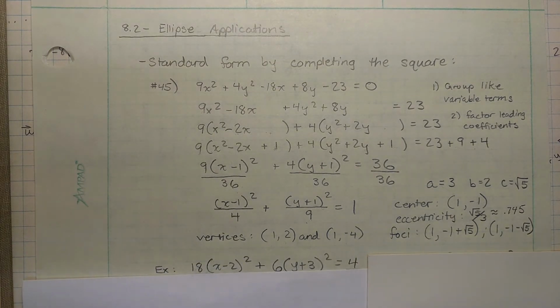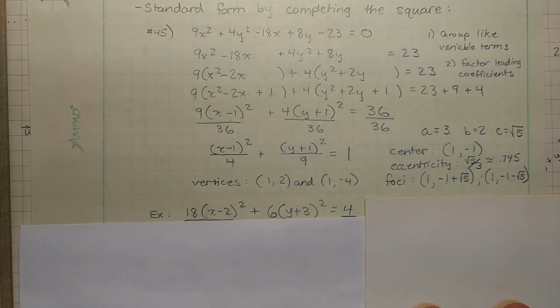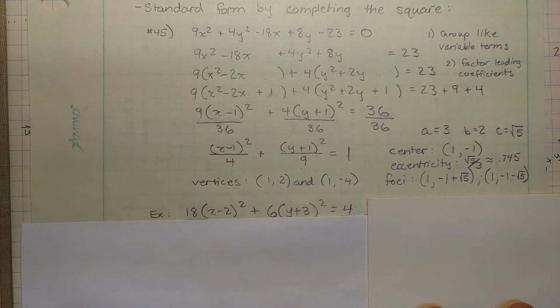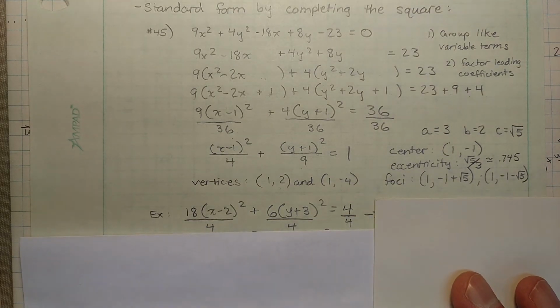Okay, let's look at another example here. So here's another example where we're given an equation in this form. Once again, since we need to have a 1 over here, we will divide through by 4. Notice though, this gives us something a little bit different.